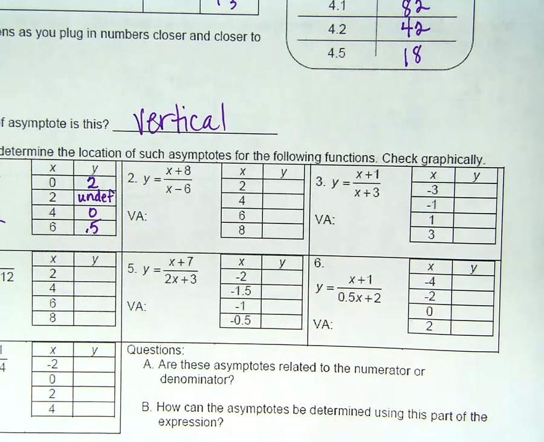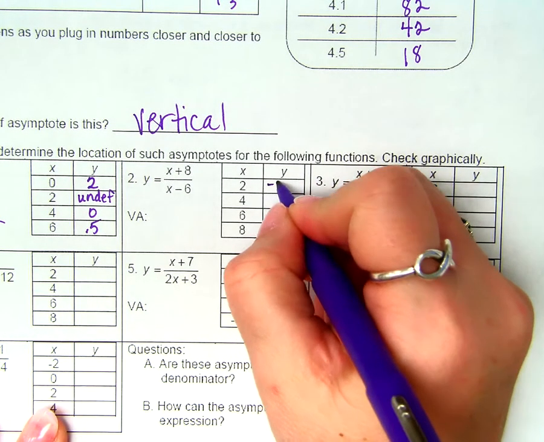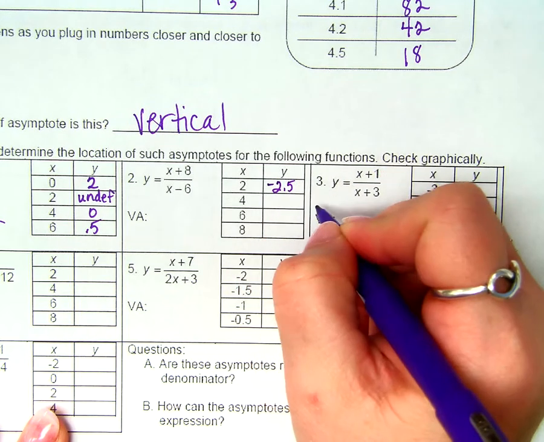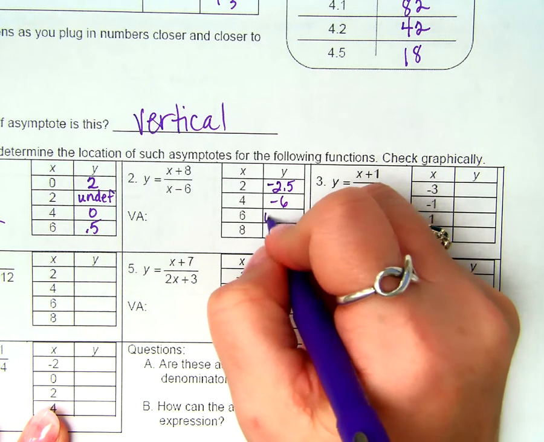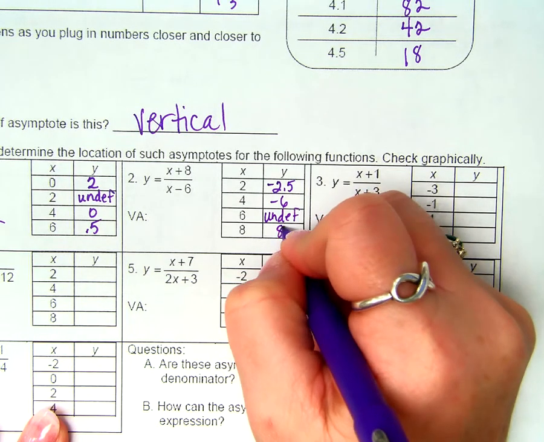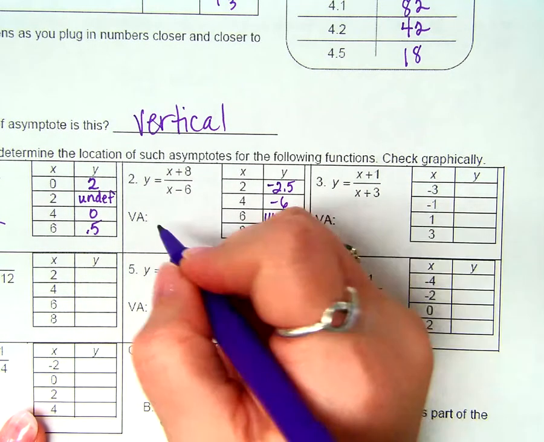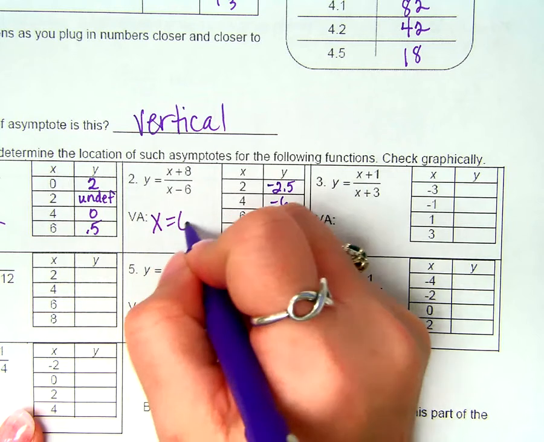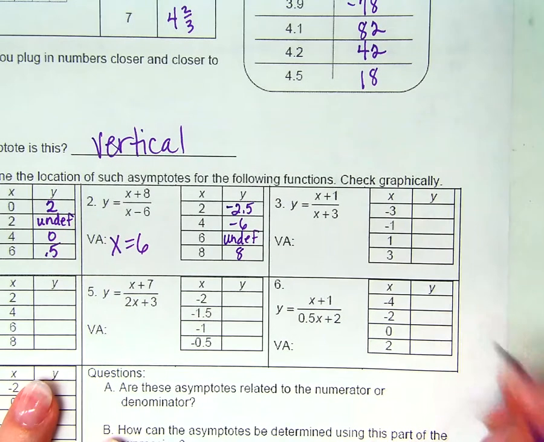All right, so those of you who did number 2, can you tell me what your table is, please? Negative 2.5, negative 6, undefined, and 8. Okay, so people who did number 2, where is your vertical asymptote? Very good. X equals 6. Those of you who did number 3, what are your table outputs?